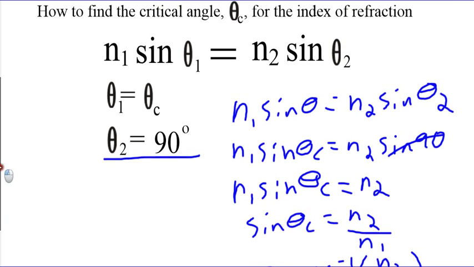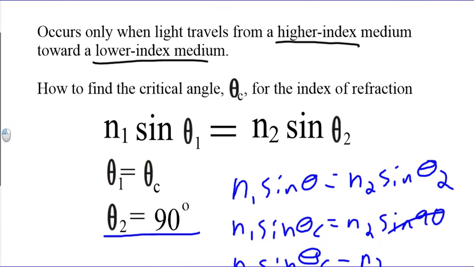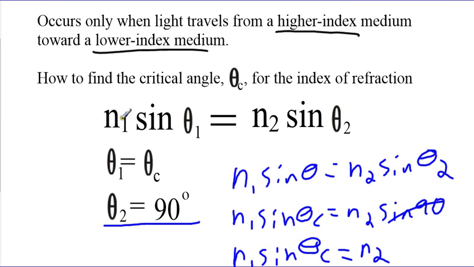So for the critical angle, this was where, if we go back over here, that's the angle here for when the light refracts parallel, which means that for our equation using Snell's law, n1 sine theta 1 equals n2 sine theta 2, our theta 2 must be 90 degrees because it's parallel to the surface, so it's 90 degrees from the normal. We have theta 2 as 90 degrees, and sine of 90 is going to be 1.